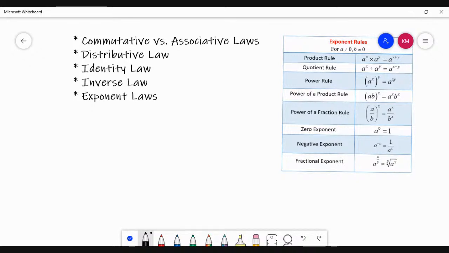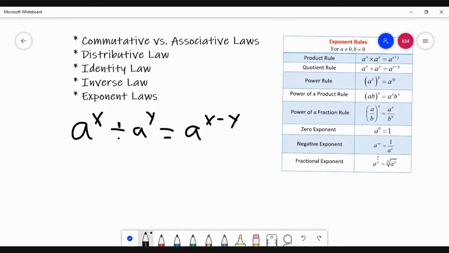So, quotient rule says if a to the x is divided by a to the y, then it is a to the x minus y.